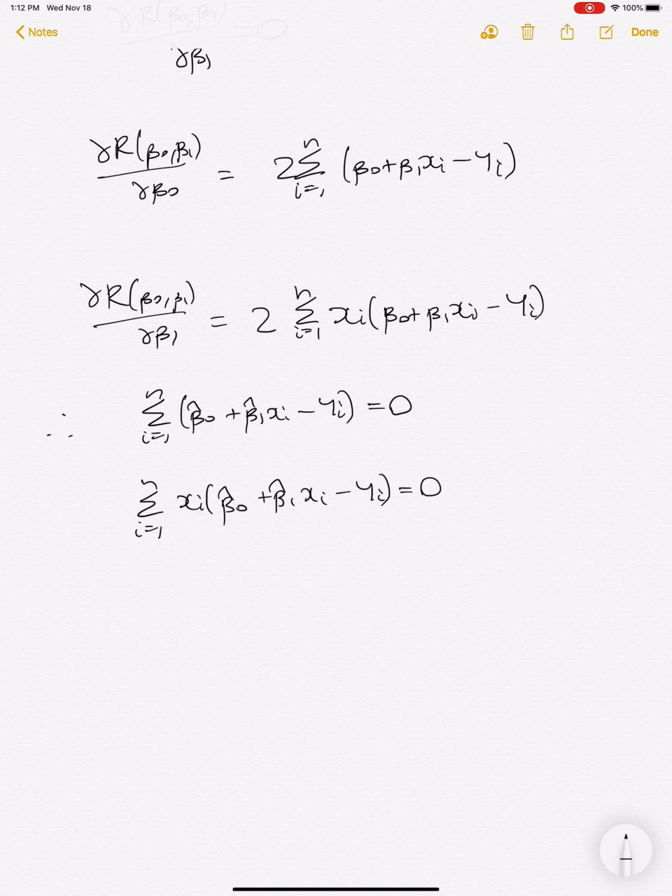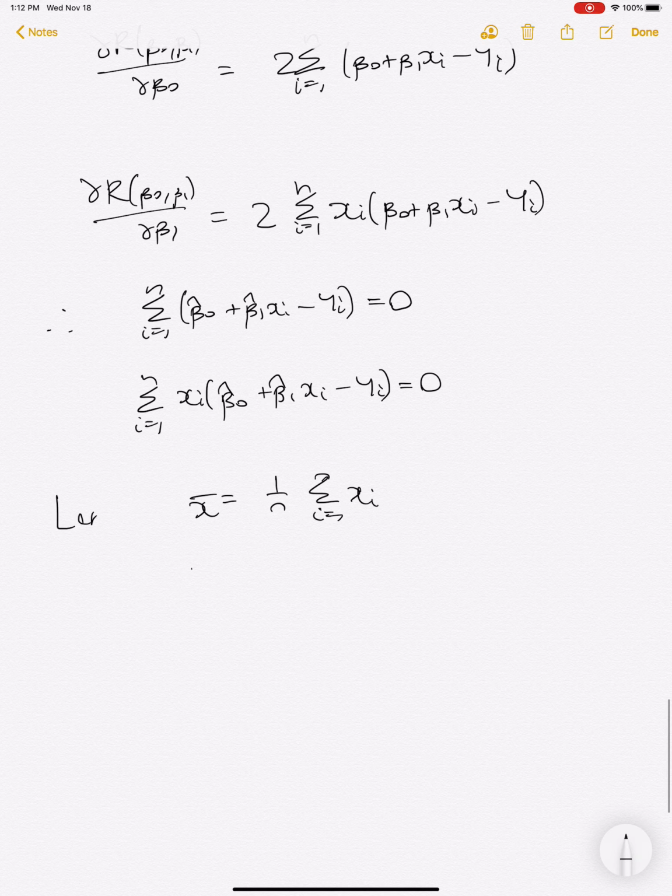So we're going to let x bar equal 1 over n times the sum of the x's, and y bar is 1 over n, the sum of the y's.